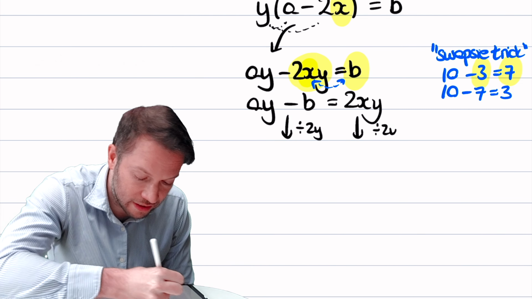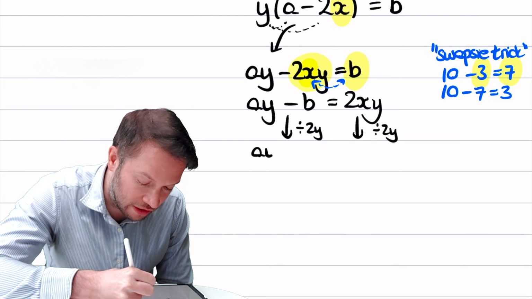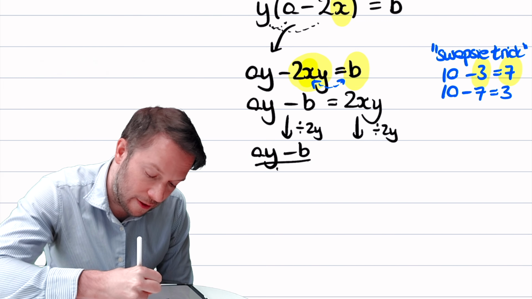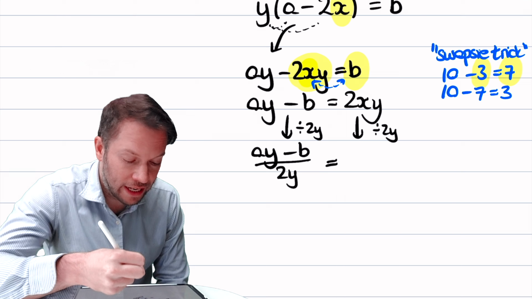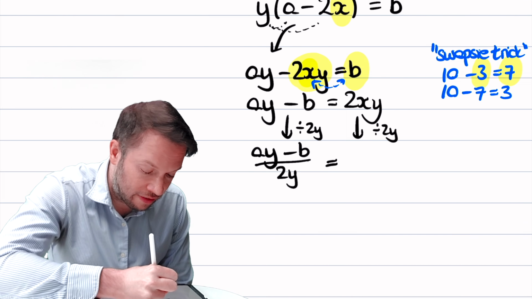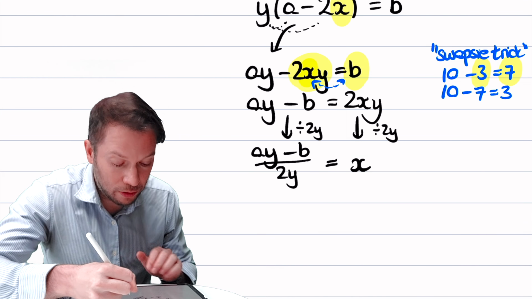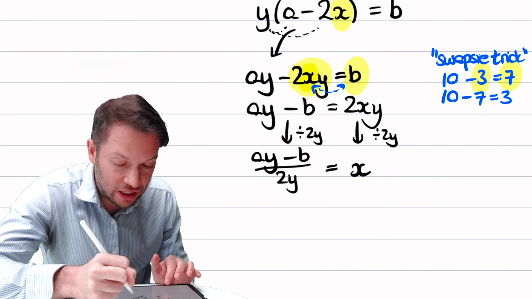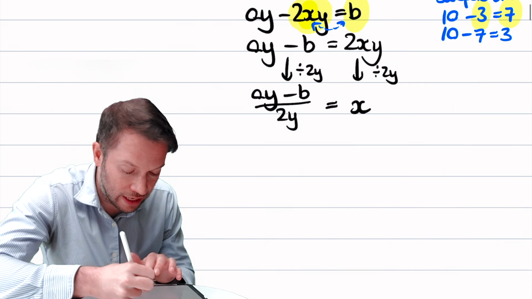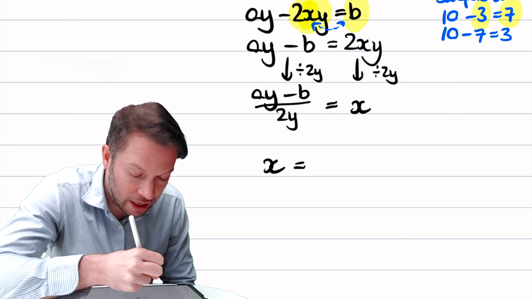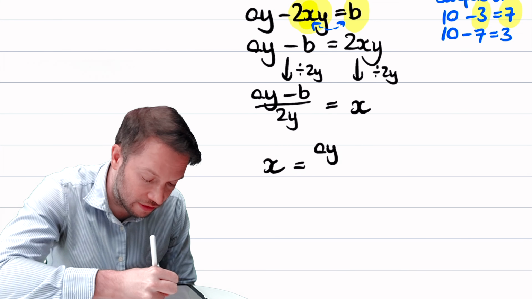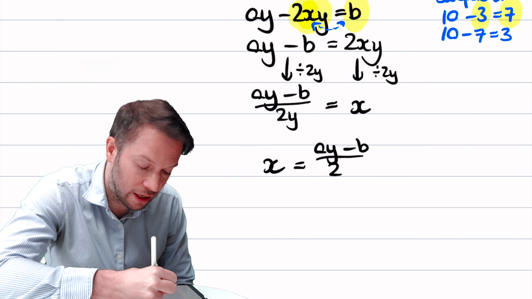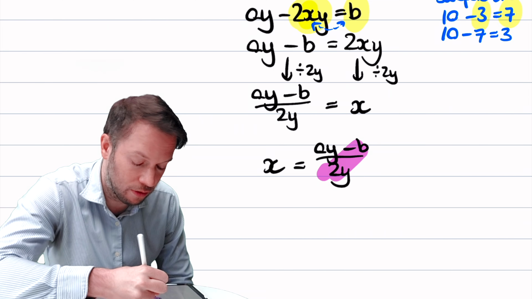And if we do that, we get ay minus b all over 2y. And then on the right-hand side, we're just left with the x. And that's the final answer, because x is now on its own on one side of the equation. And we typically put the subject on the left-hand side of the formula, so we could write x equals ay minus b over 2y, like that. And that is the final answer.